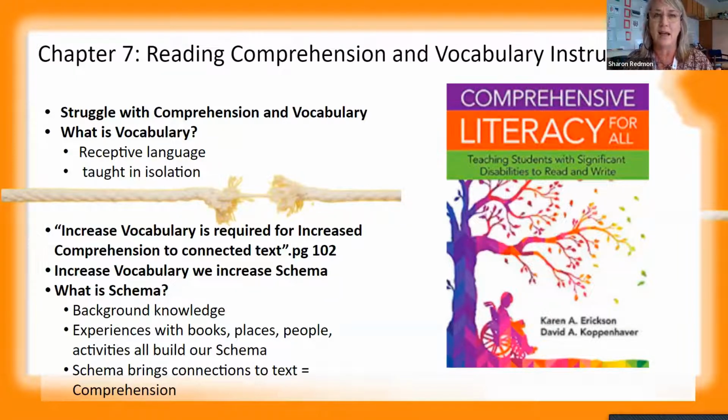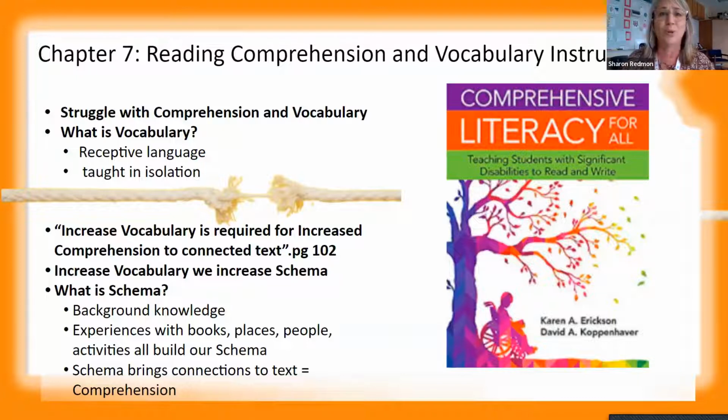So if you haven't had a chance, please go and get that. Also, SETC did a book study on comprehensive literacy for all, I'm not sure if it was last year or the year before. There are webinars you can go back and check out, separated by chapter, which was really fun to participate in. If you don't want to do it yourself, you can look at those webinars.